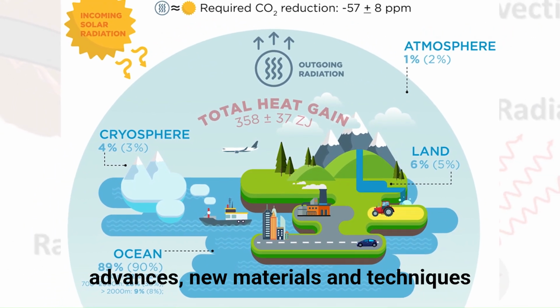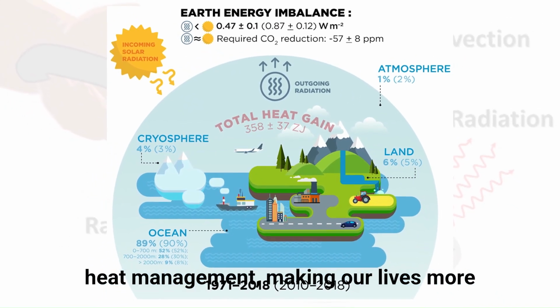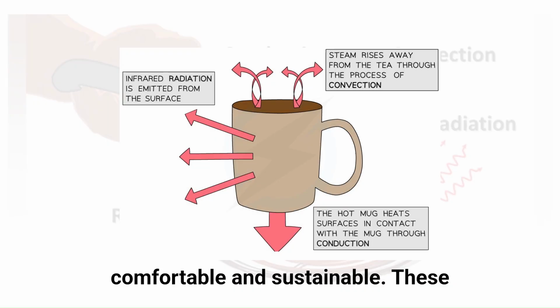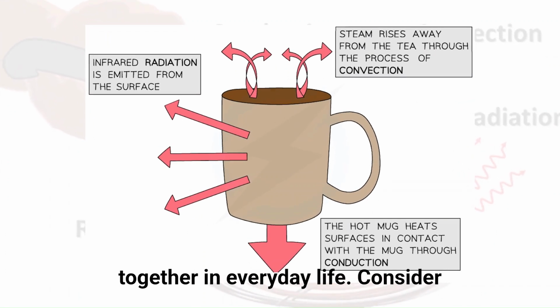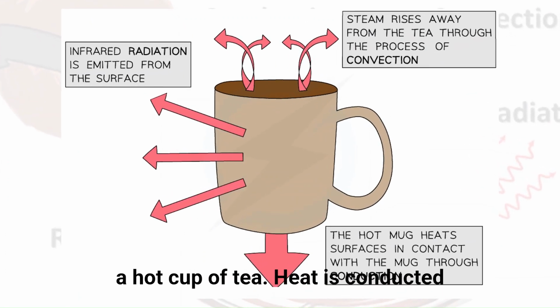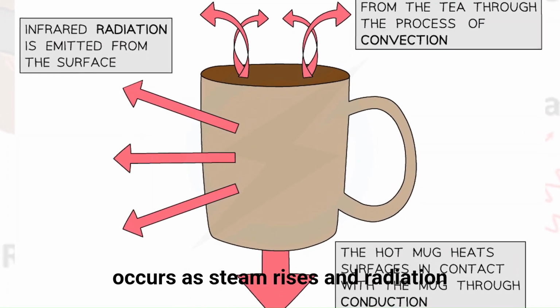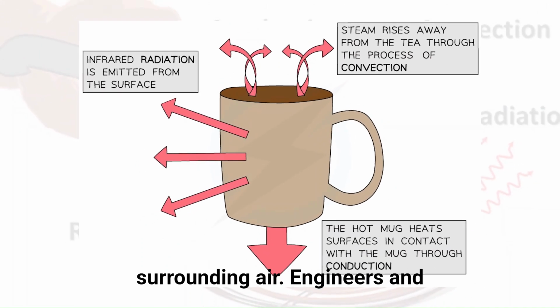As technology advances, new materials and techniques continue to improve the efficiency of heat management, making our lives more comfortable and sustainable. These three heat transfer mechanisms often work together in everyday life. Consider a hot cup of tea. Heat is conducted through the cup to your hands, convection occurs as steam rises, and radiation allows heat to spread into the surrounding air.